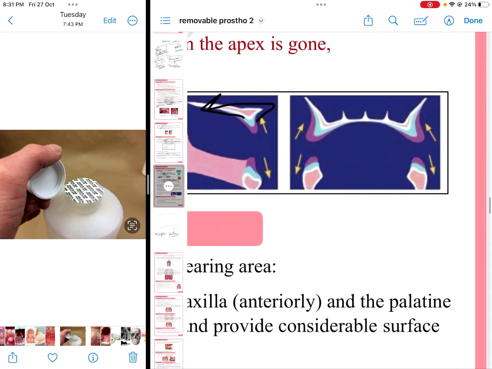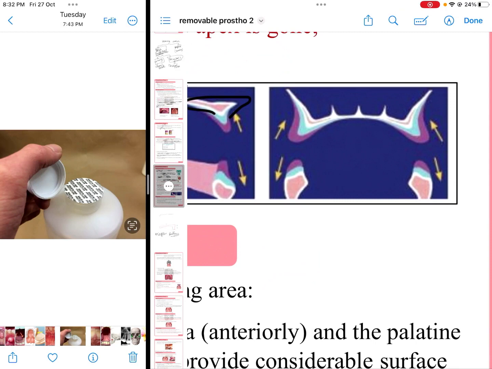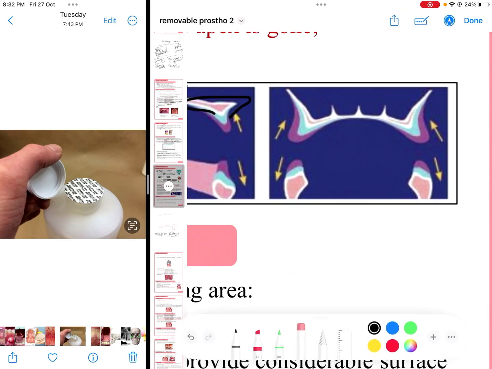If we looked from here, from the coronal part, you can see that the maxilla is getting what? Shorter. It's getting shorter because the resorption is happening in this direction.